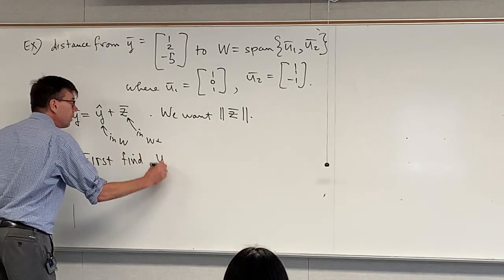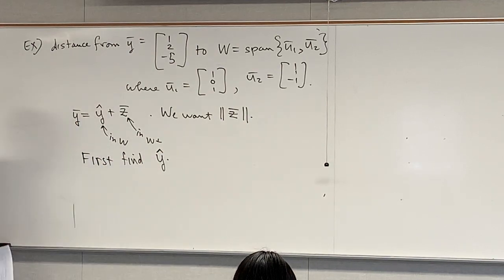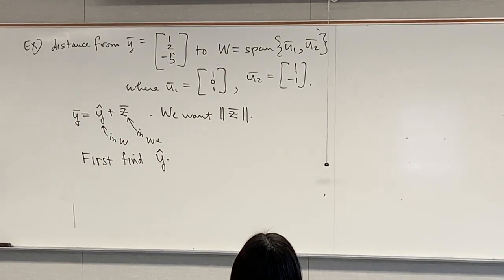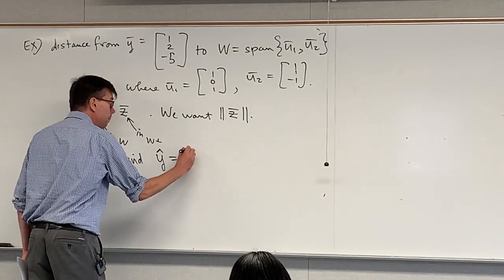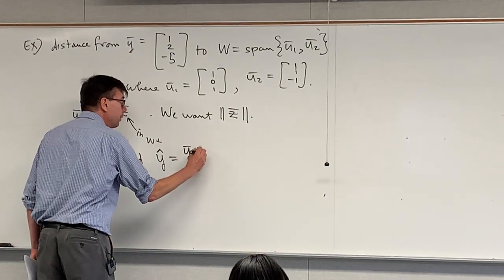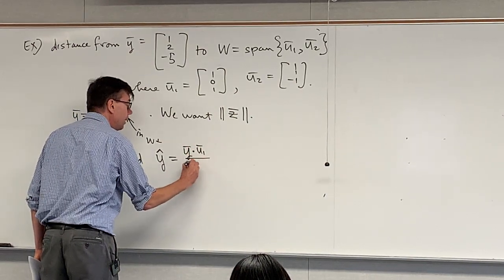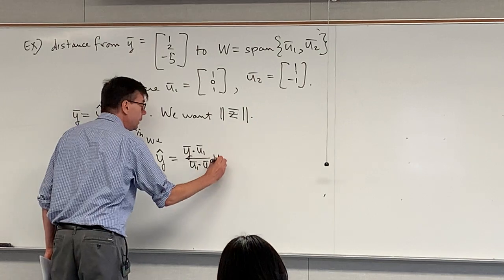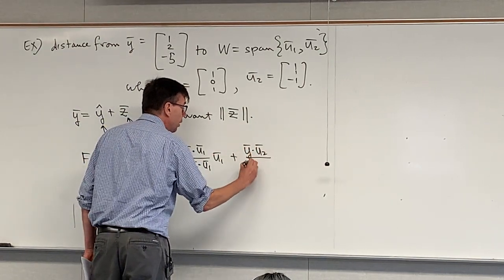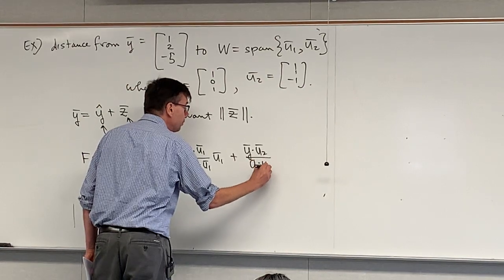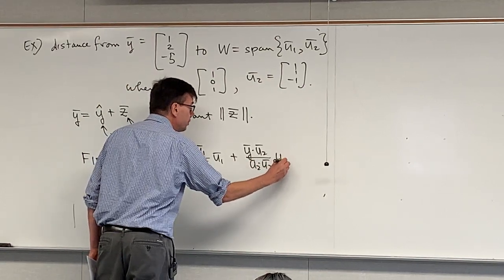find y hat, the projection of y onto W, and y hat is going to be y dotted with u1 over u1 dotted with u1, times u1, plus y dotted with u2 over u2 dotted with u2, times u2.